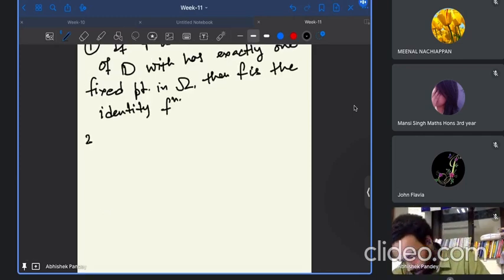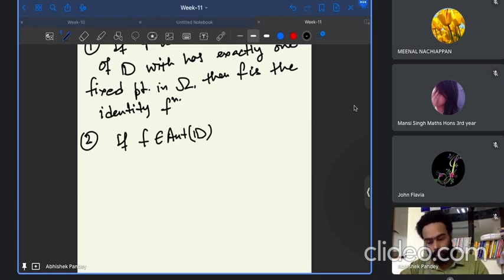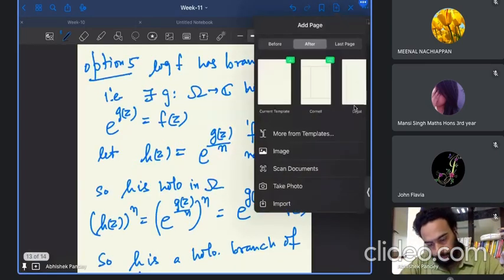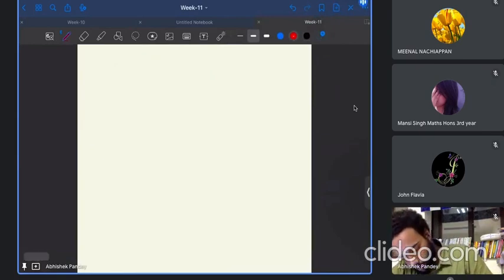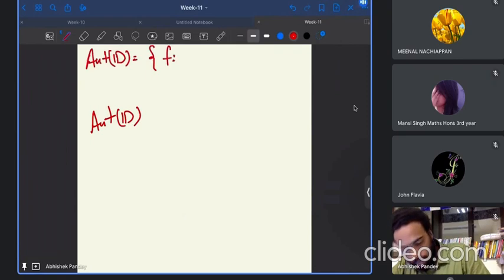The second option is, if f belongs to the automorphism of D. So you can prove this result: the automorphism of D is defined as f from D to D such that f is holomorphic, one-one and onto.